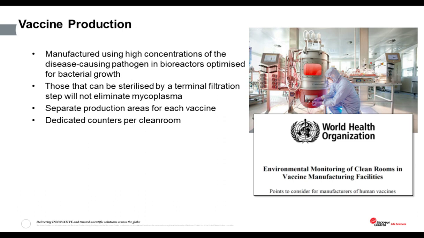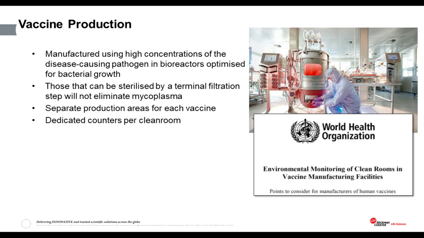Now, vaccine manufacturing plants are a rather unique subset of biopharma production in that the production of a vaccine is usually done by cultivating high concentrations of the disease-causing pathogen in bioreactors that are optimized to support microbial growth.